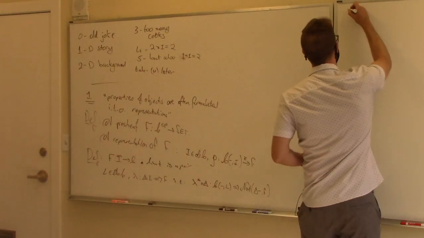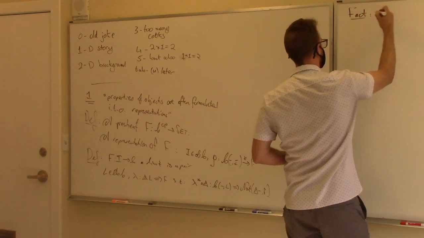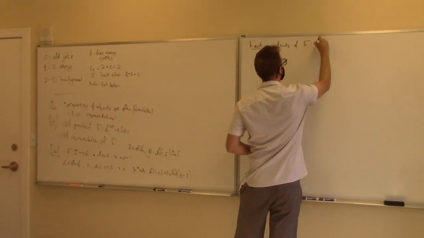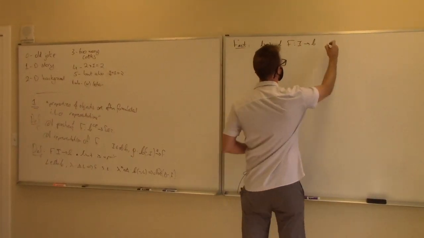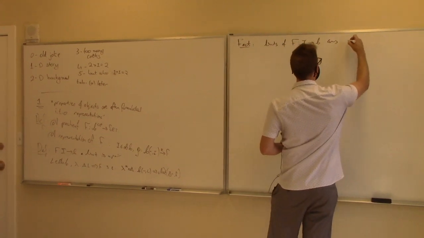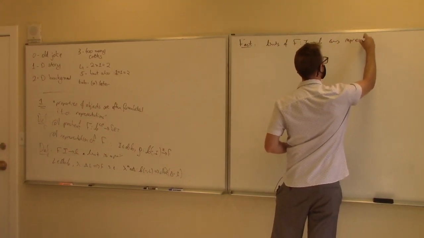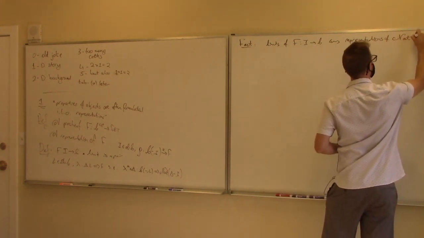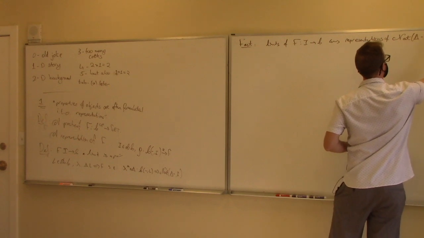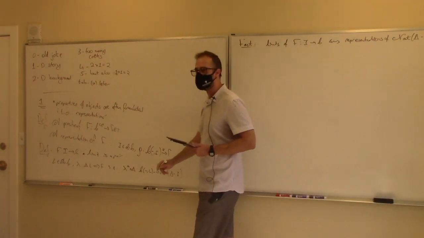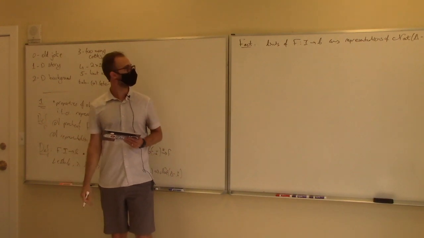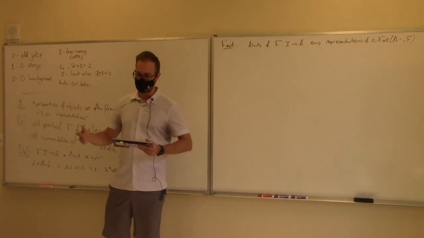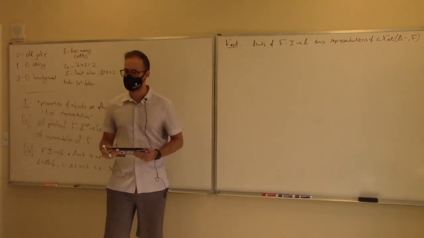But there's a theorem that relates these two, which I'm going to boldly call a fact, which is that limits of F are in bijection with representations of this other thing. Okay, there's a little bit of work to be done there. But this is a first example of what I mean when I say that properties of an object are formulated in terms of representations. Now there's another one.